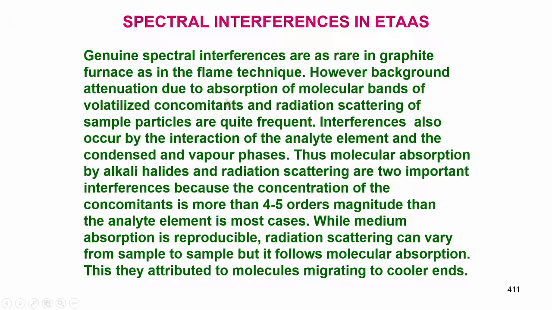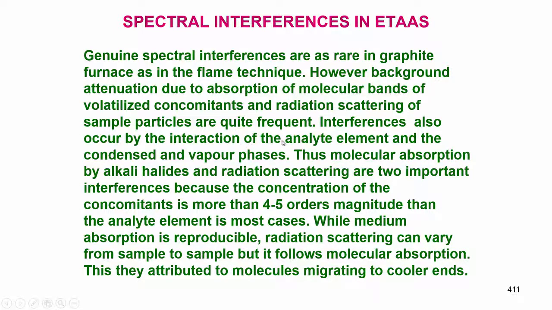So the spectral interference from the molecular bands corresponding to the resonance line is reduced in the graphite furnace. I think you should listen to this again and again, what I have told you, and try to understand what I am meaning to say. Spectral interferences from the molecular bands are minimum.